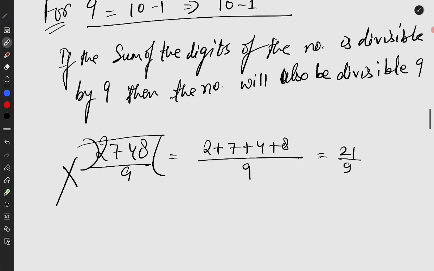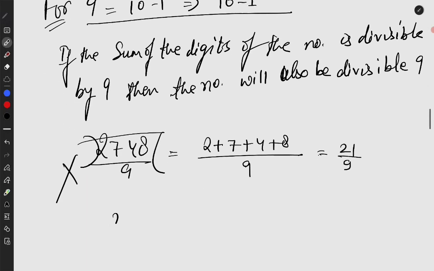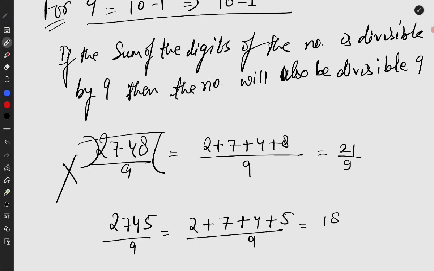Now imagine if the number were 2745. Then we could say yes, the number would be divisible by 9. 2 plus 7 plus 4 plus 5 adds up to 18. Now 18 is divisible by 9, hence the number would be divisible by 9.